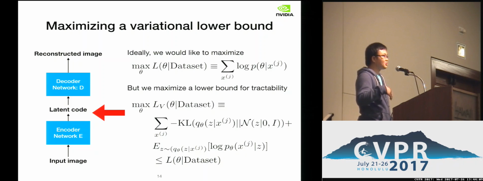And still, we want to do maximum likelihood learning, and VAE is trying to do the same thing, but instead of directly maximizing the log likelihood, they maximize the lower bound.